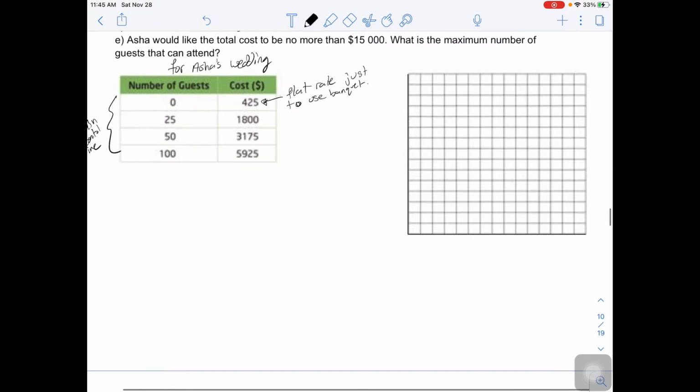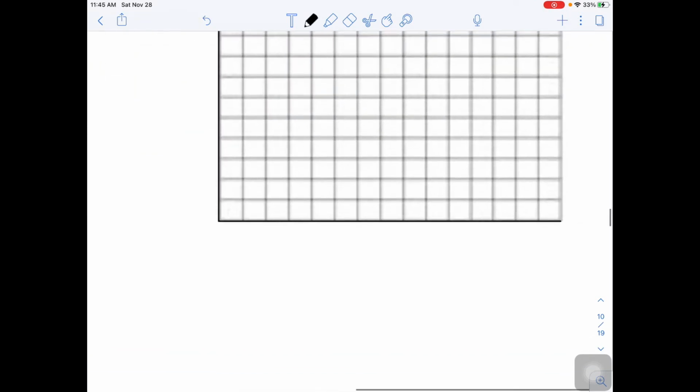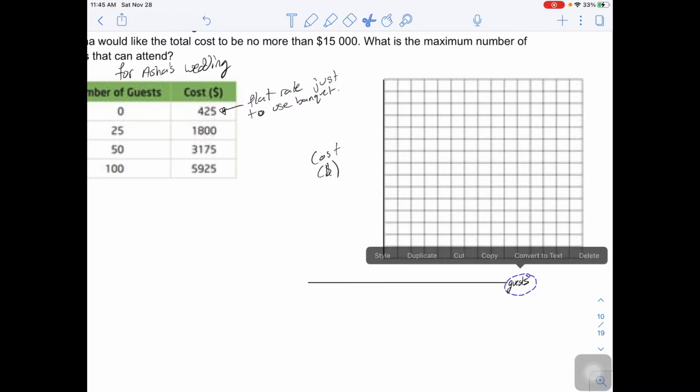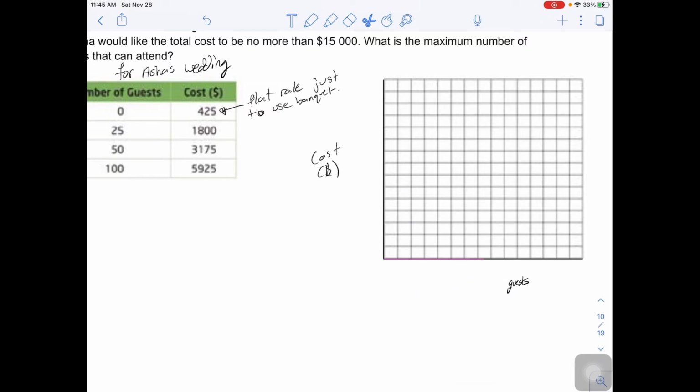This is going to be number of guests, and this is going to be cost in dollars.